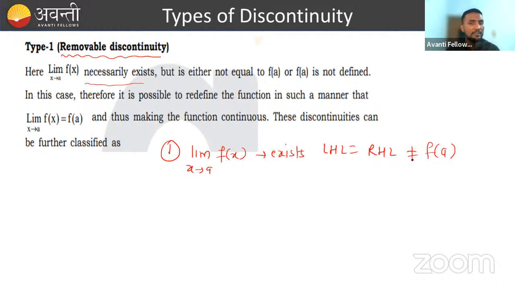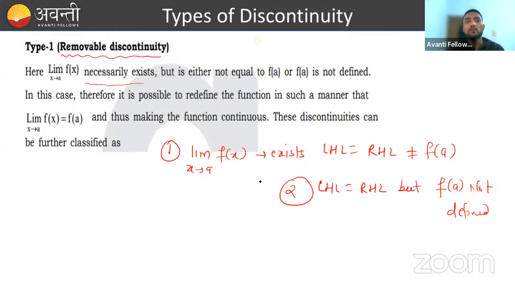That is, it is not equal to the function value, right? If this is happening, then we can say it is a type of removable discontinuity. The other case is LHL equals RHL, but f of a is not defined. This is the first and this is the second case. So there are two types of removable discontinuity.